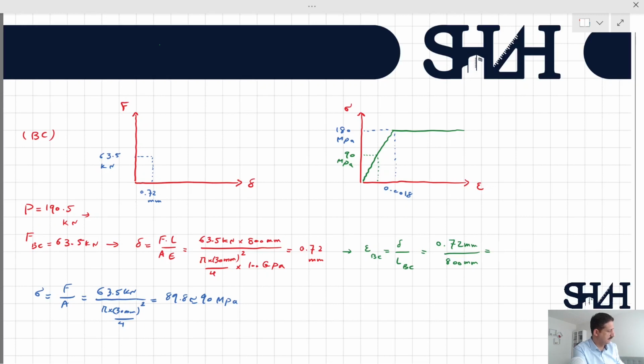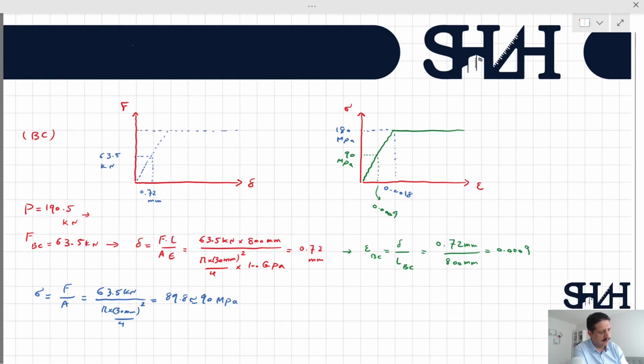So 0.72 divided by 800 will be 0.0009, which is exactly half of the yielding strain. So in the force and deformation domain, it's the same.